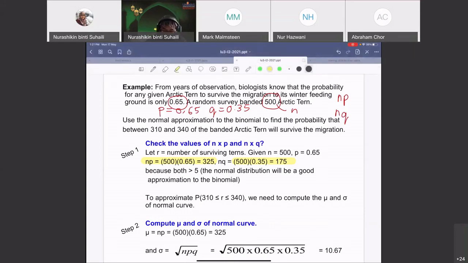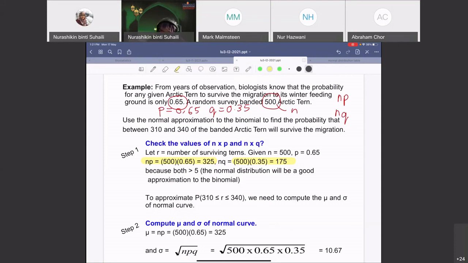So what else do we have to do? Now it's given that we use the normal approximation to the binomial to find the probability that between 310 and 340 will survive the migration.